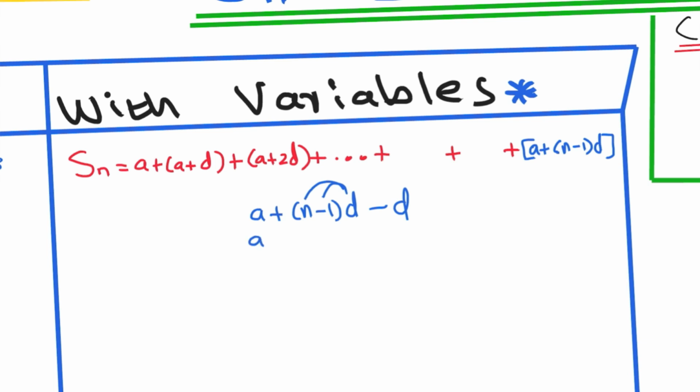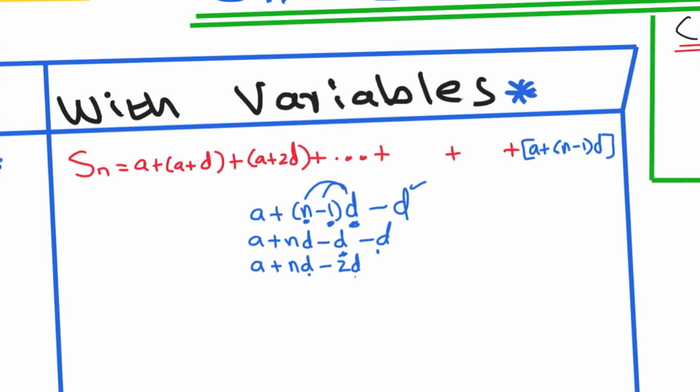A plus n times D is nD, and negative 1 times D is going to be negative D. Then I have minus D, which is this one, right? And I can see that these two are like terms as well, right? So basically, I'm just going to have A plus nD minus 2D. Do we agree? Because negative D minus D gives us negative 2D.